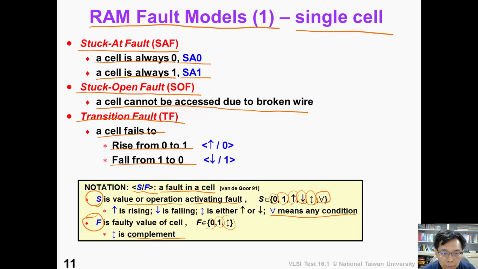So a transition fault can be written in this notation. When the faulty cell is supposed to have a rising transition, but the output is 0. And the falling transition fault can be written in a similar way.